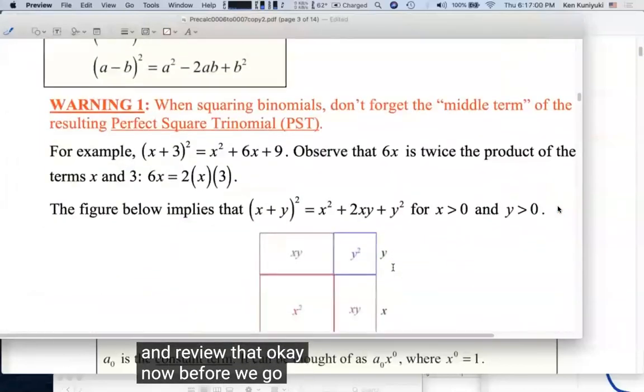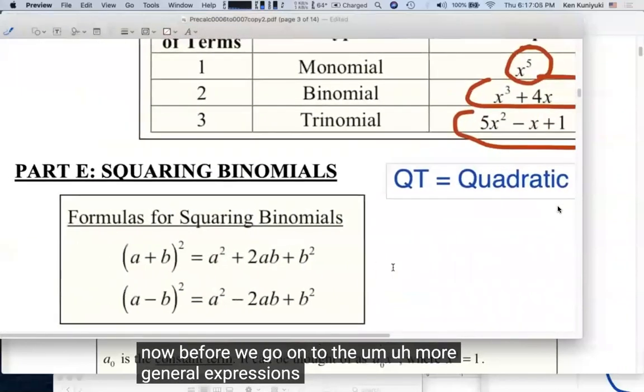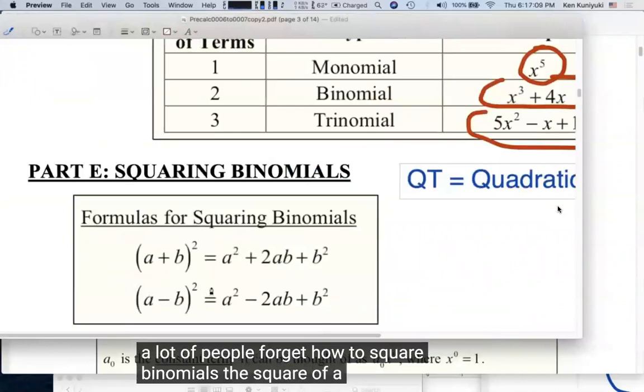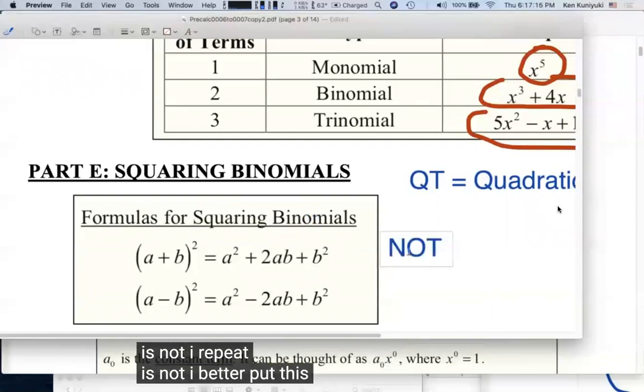Okay. Now, before we go on to the more general expressions, a lot of people forget how to square binomials. The square of a plus b is not, I repeat, is not, I better put this in red.